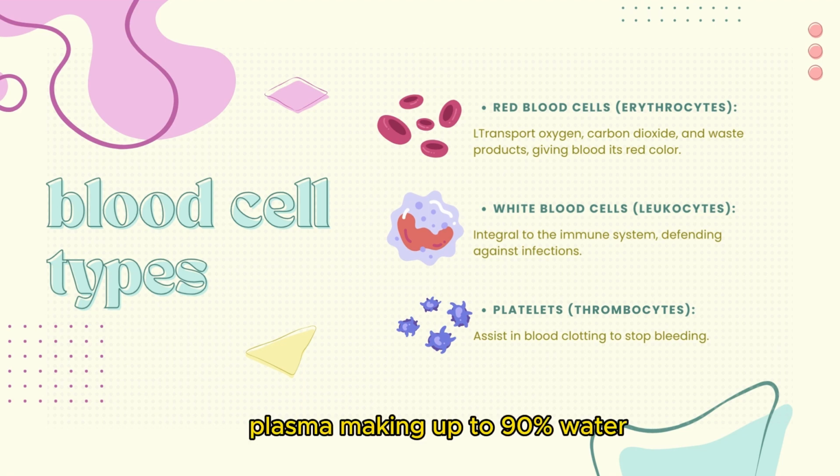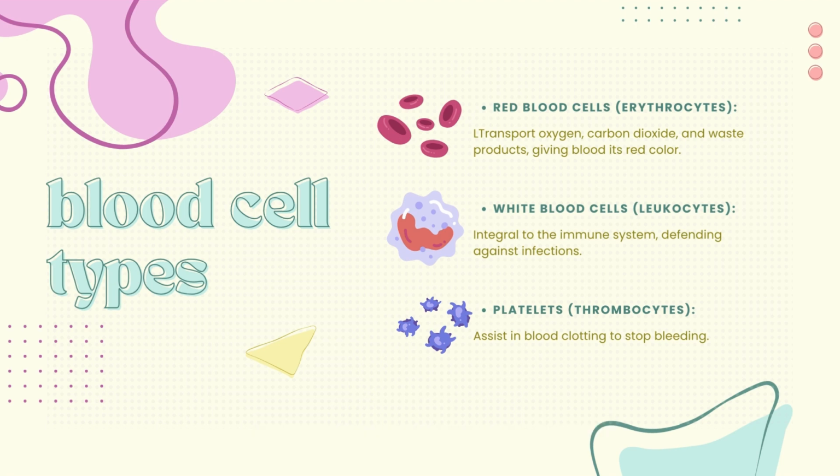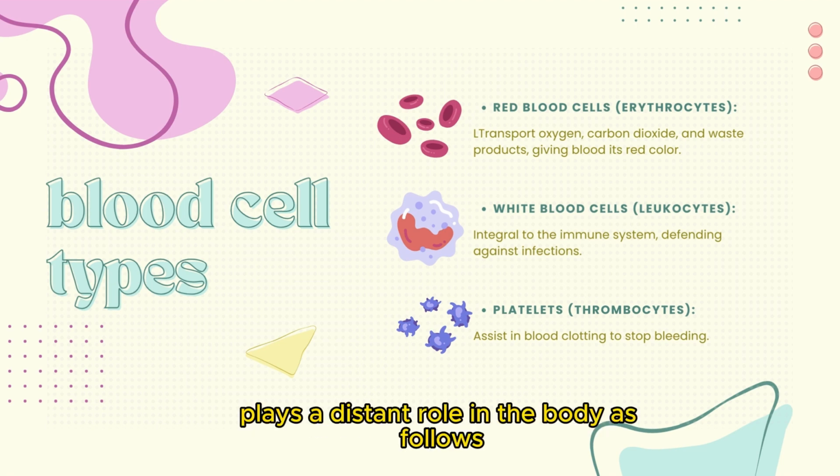Plasma, made up of about 90% water, also contains proteins, nutrition, hormones, and waste products. Blood consists of roughly 60% plasma and 40% blood cells. Each type of blood cell plays a distinct role in the body as follows.